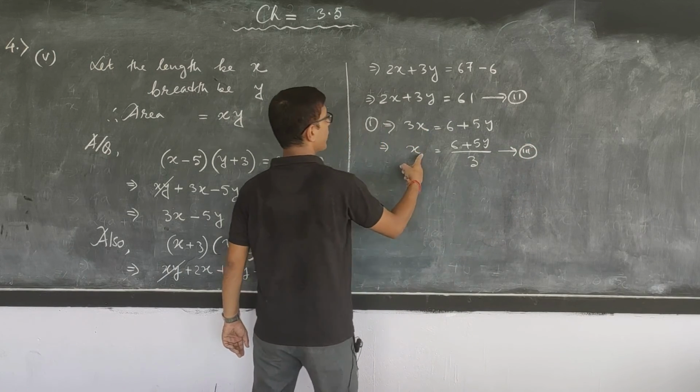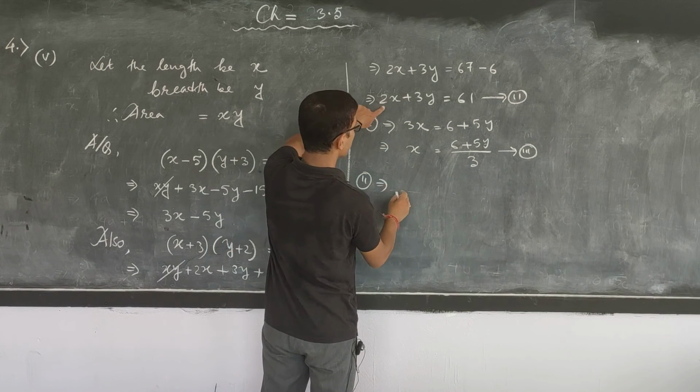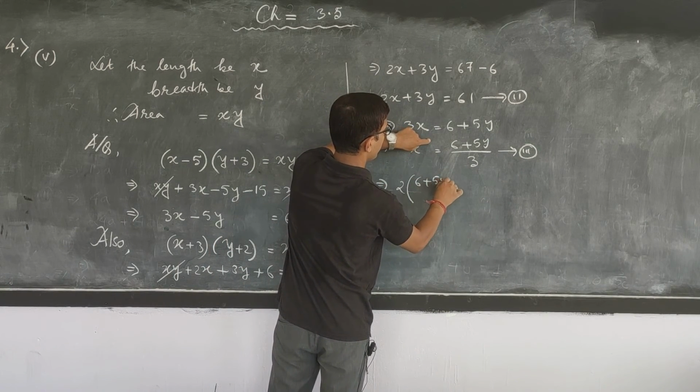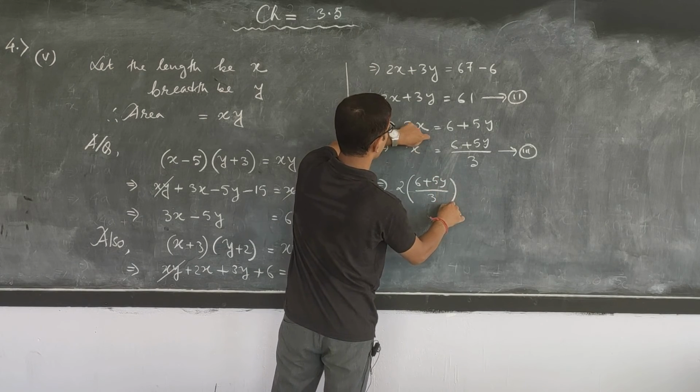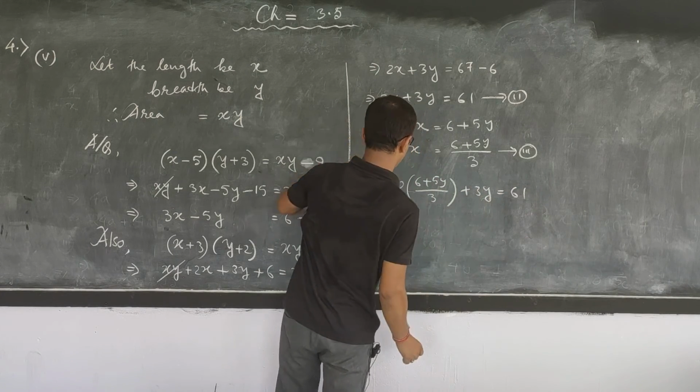Now let us substitute the value of x in equation 2. Equation 2 implies 2 times x, x is 6 plus 5y by 3, plus thrice y is equal to 61.